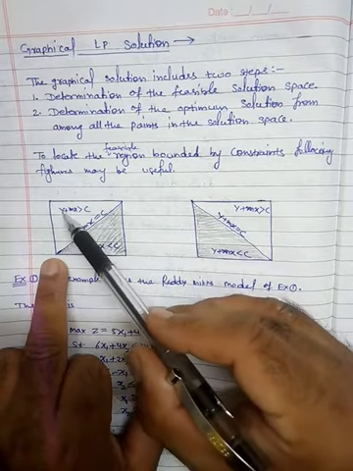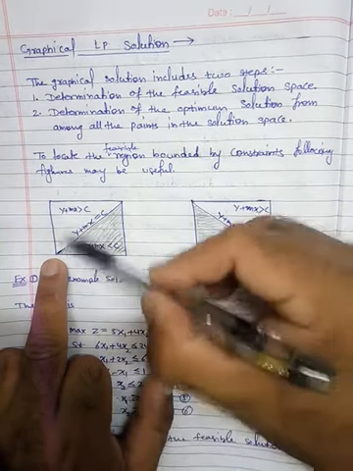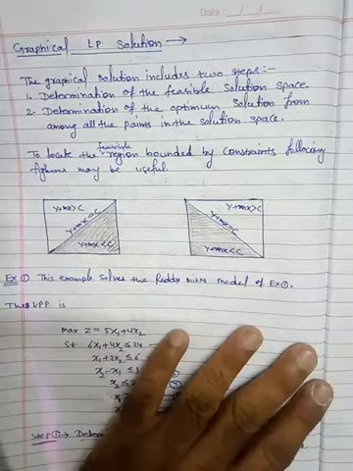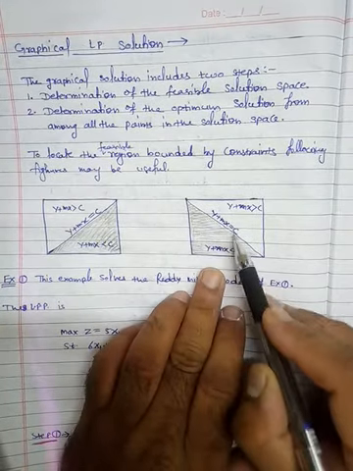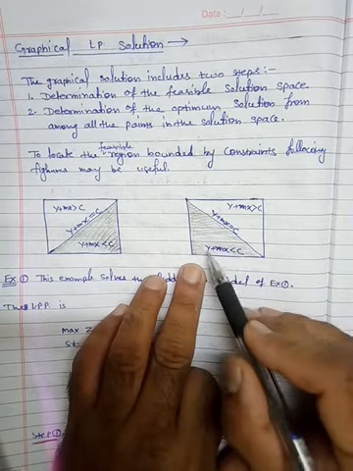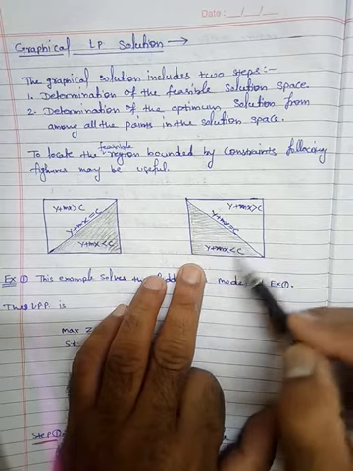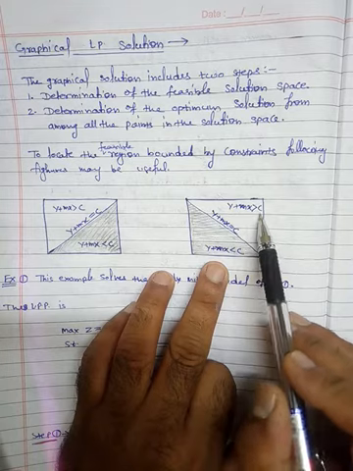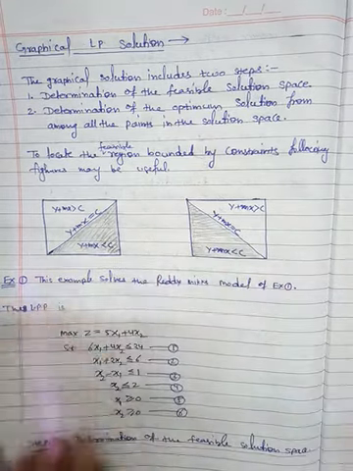Otherwise, if the problem is y plus mx greater than c type, then we have to take this feasible region. Similarly, if our line is of this form, y plus mx is equal to c type, then if we have y plus mx less than c, we have to take this region. And if our problem is of this kind, y plus mx greater than c, then we have to take this region. Okay, so this is the broad overview.